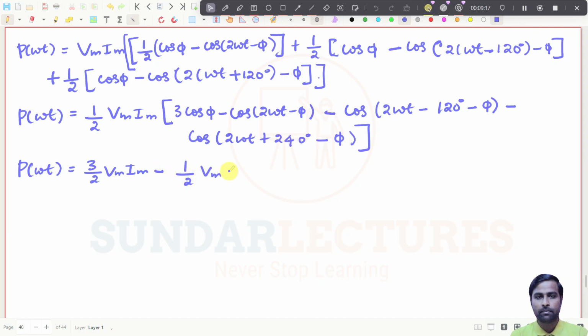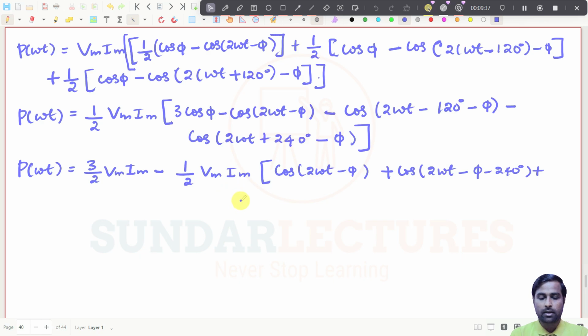So 1 by 2 Vm Im, and then inside this you will get cos of 2 omega t minus pi, that is one term, and then plus cos of 2 omega t minus pi minus 240 degree, and then plus cos of 2 omega t minus pi plus 240 degree. So this is the equation you will get if you further simplify this.